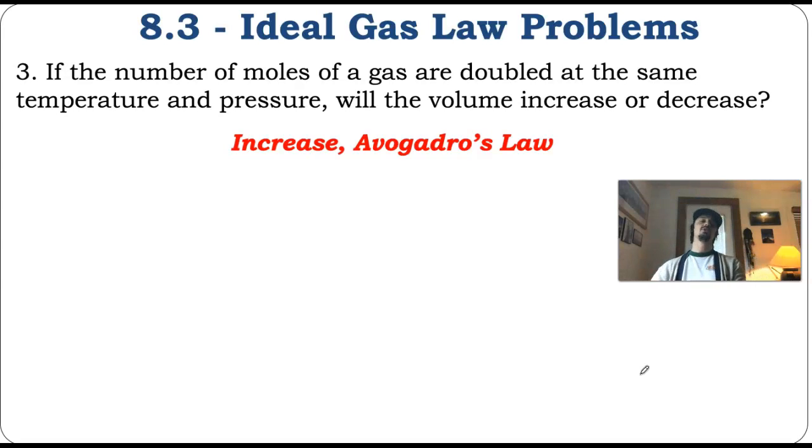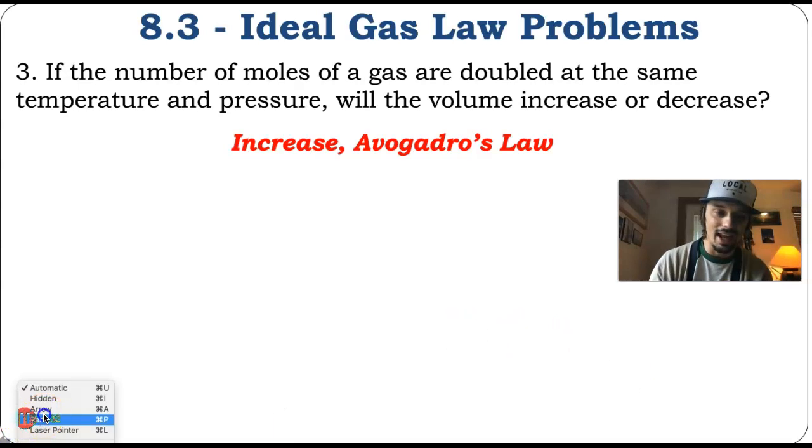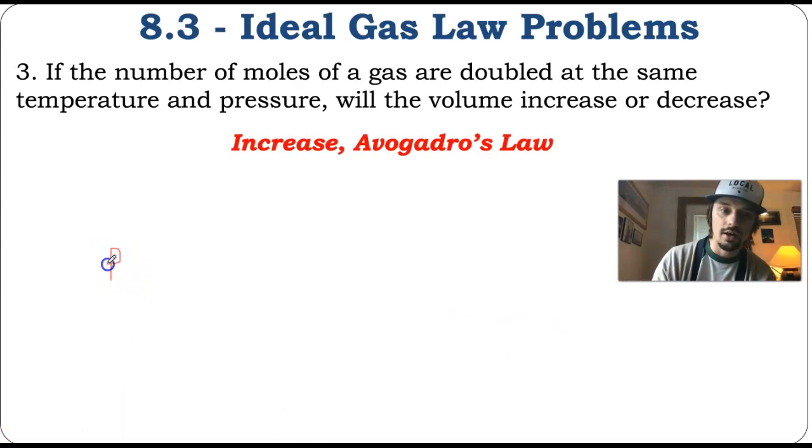So hopefully that gave you a basic introduction to our worksheet. Remember, the gas laws that we're using are PV equals nRT and, okay, molar mass equals mRT over PV.